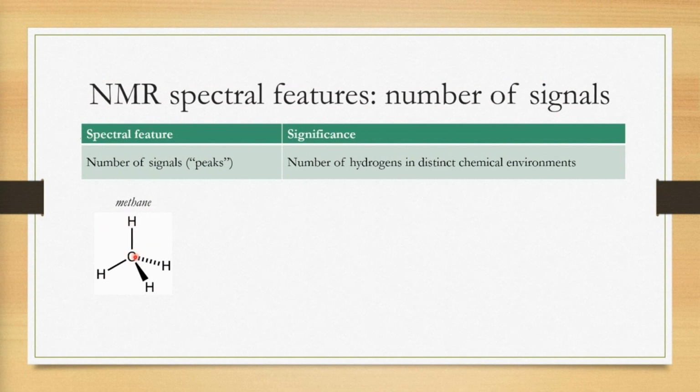If you look at one hydrogen, it's bonded to a carbon that's bonded to 3 other hydrogens. You could say the same thing for all hydrogens on this molecule. So all of these hydrogens are in the same chemical environment. They're equivalent hydrogens, and that means that methane on an NMR spectrum would show up as just one peak if we're doing proton NMR.